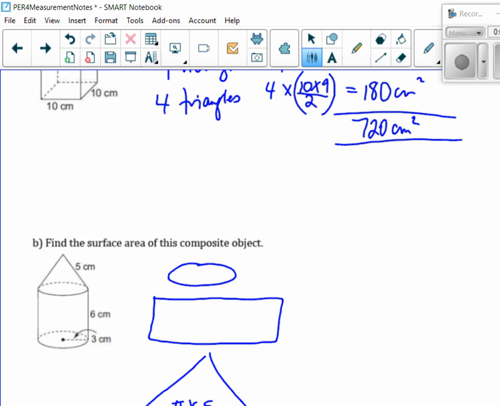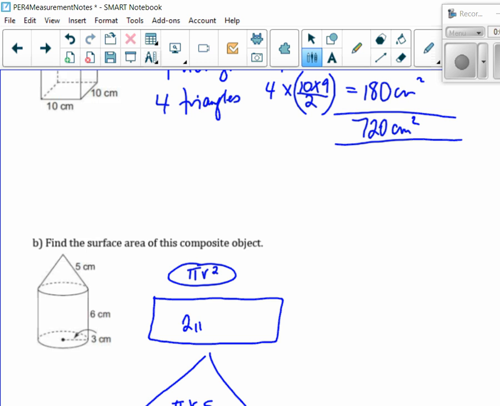Okay, then we have a cylinder. So if you see the cylinder surface area, do you see there's 2 pi r squared plus 2 pi rh. So again, we don't need 2 of the circles, we just need the 1 pi r squared, right? And then the 2 pi rh is this part.